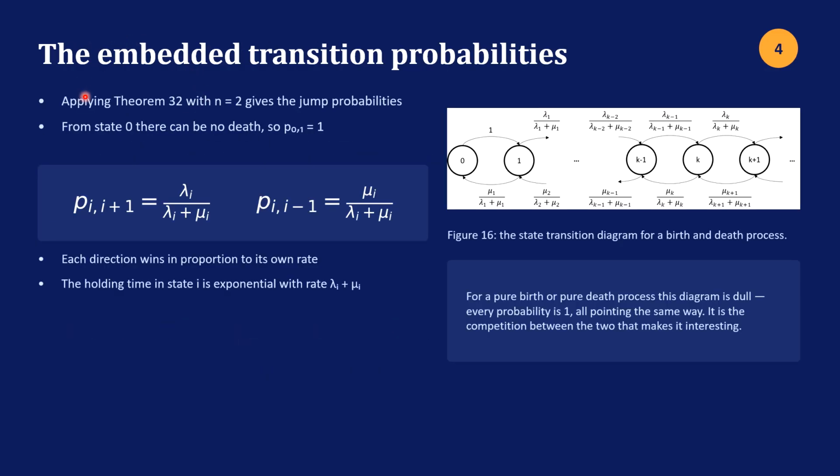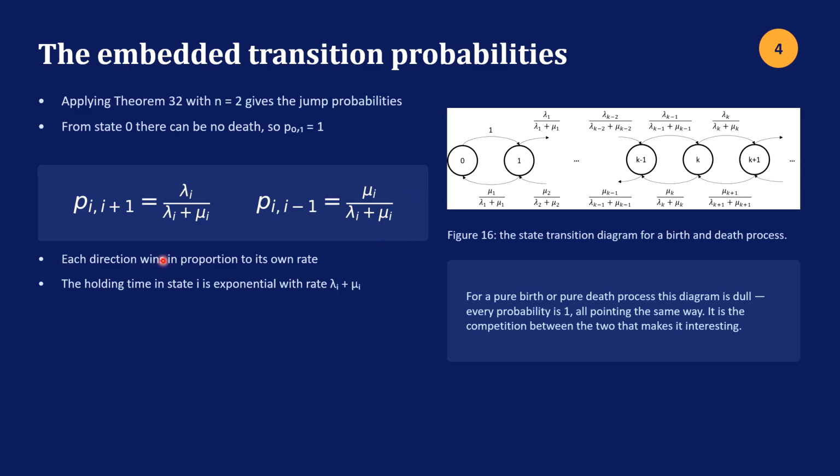For the problem at hand, we apply theorem 32 from the last slide with n equals 2, and that gives us the jump probabilities. The probability of going from state i to i plus 1, in other words, having a birth first, is this ratio. The probability of going from state i to i minus 1, having a death first, is this ratio here.